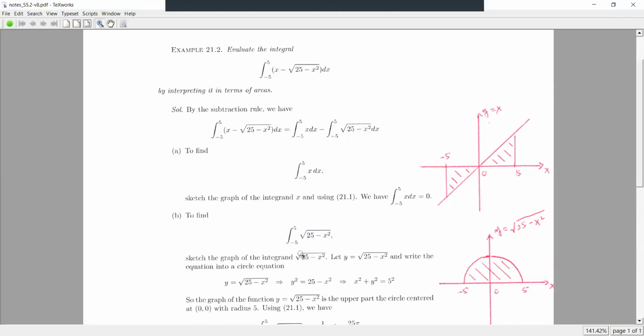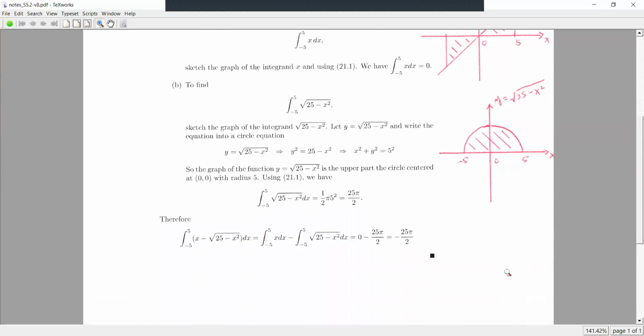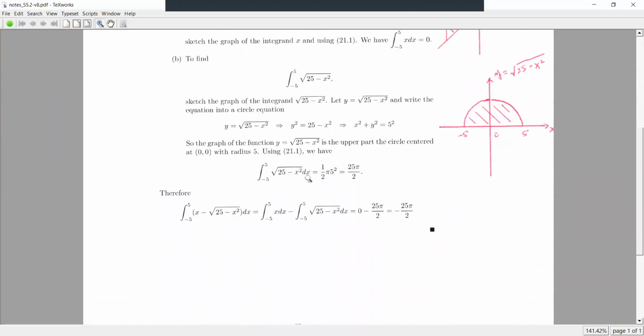Then this integral is the area of the region between the graph of the function and the x-axis, between -5 and 5. The region is this shaded region in this diagram. Now, what is the area of the shaded region? It is 1/2 of a full circle. So therefore, this integral is 1/2 of the full circle.